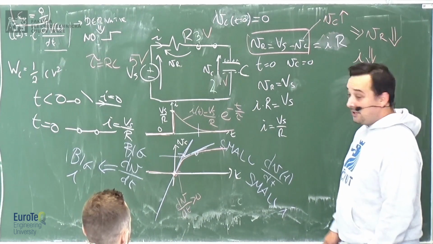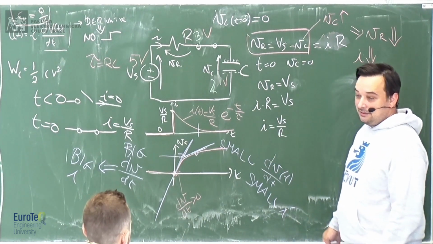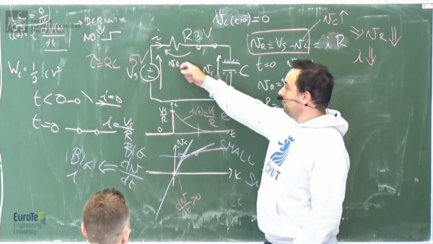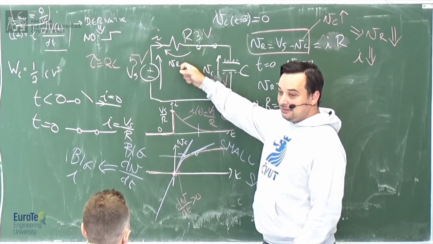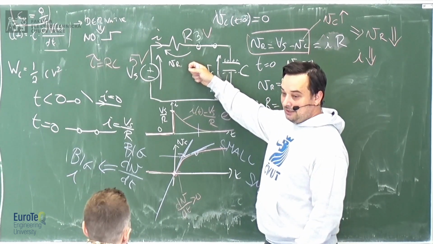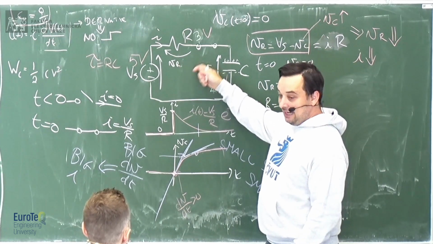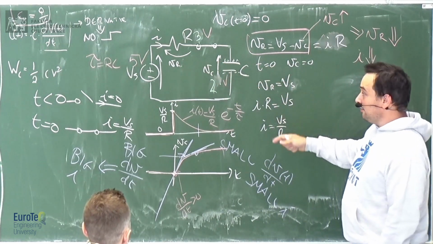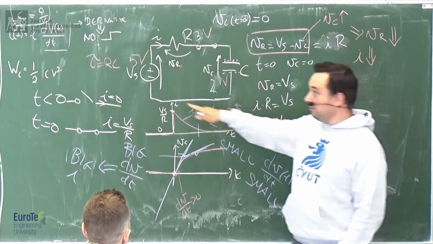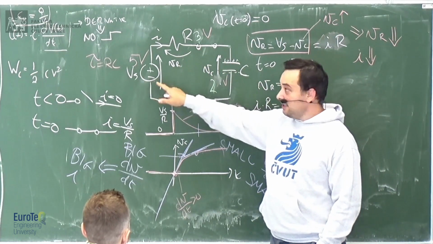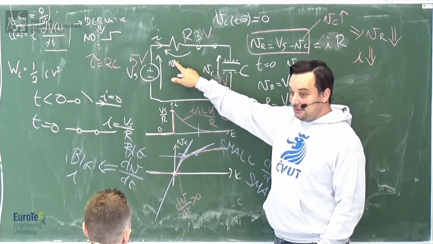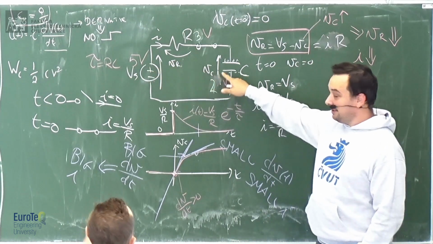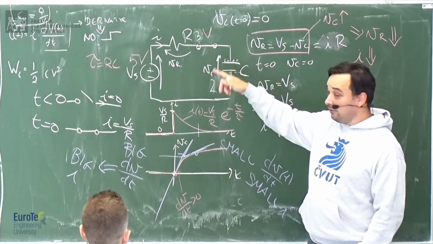Where does the e come from? Because you have to solve the differential equation. Look, you have I times R, and that I is the derivative of the voltage on the capacitor. So with Kirchhoff's law, you have the voltage here equal to resistance times I of the capacitor, so the derivative of the voltage plus the voltage.